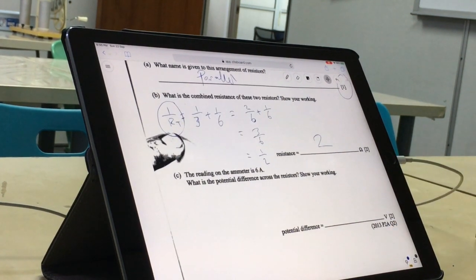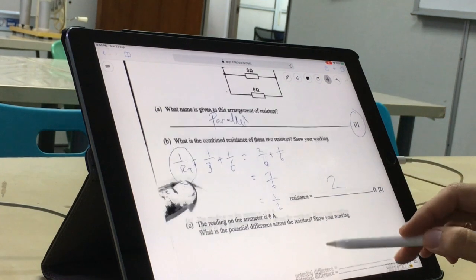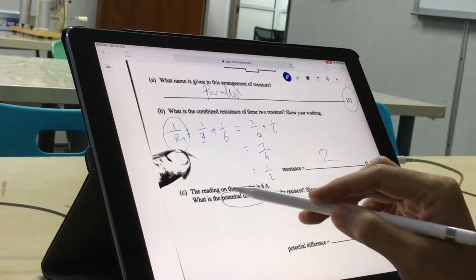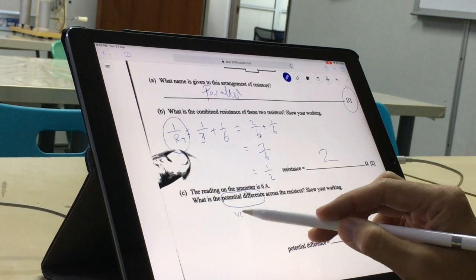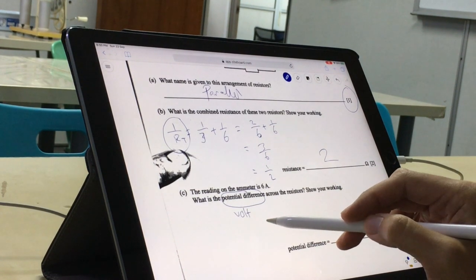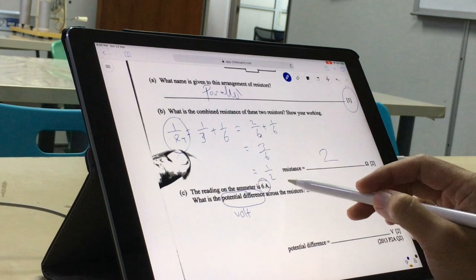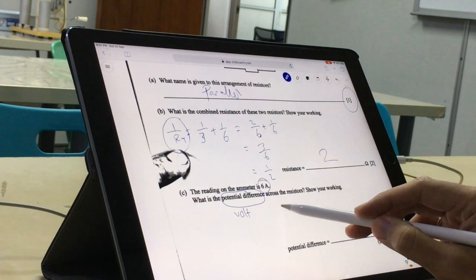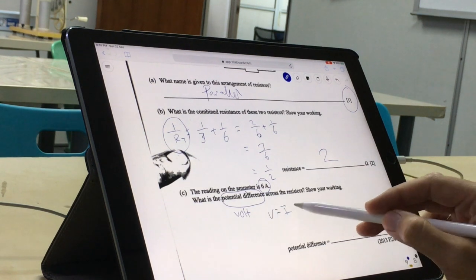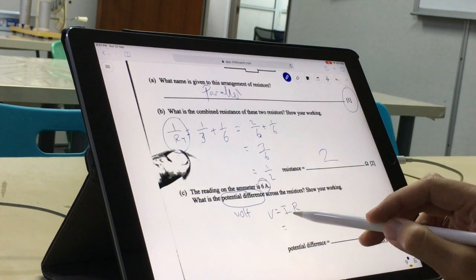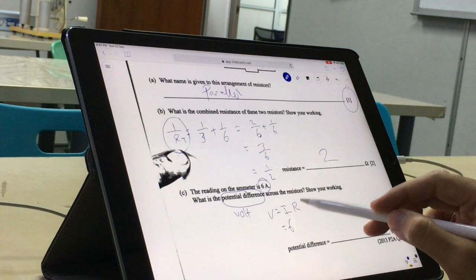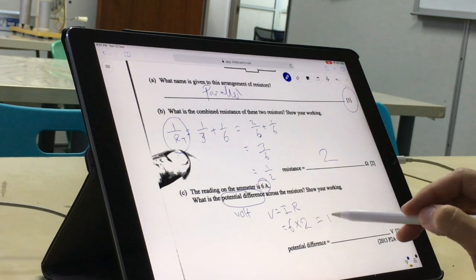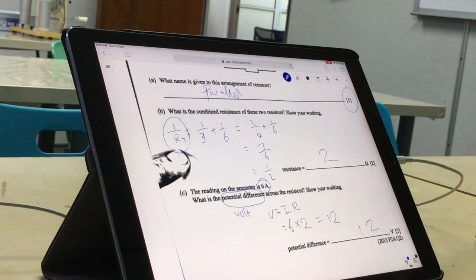What is the potential difference across the resistors? What is the meaning of PD? Voltage. So how to find volts? We got 6A. Ampere times resistance, because V equals IR, right? So I is 6, R is 2, the answer is 12. 12 volt. That's correct.